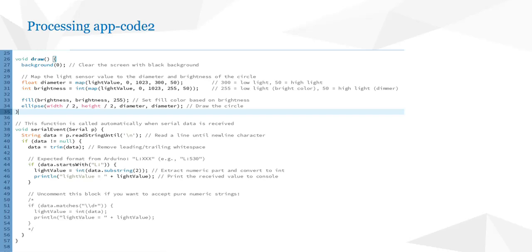The first value will be bigger because our value must be inversely proportional to the value of the voltage. That means if the level of light in your environment increases, this value must decrease. We need two values. One of them will be diameter, and the second one will be brightness.